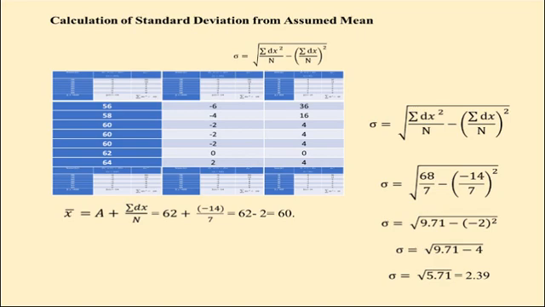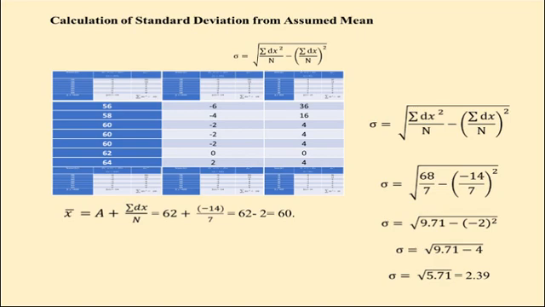Let us take the same example which we have taken while calculating standard deviation from actual mean. In this question, we will take assumed mean instead of actual mean. Here, assumed mean is 62.